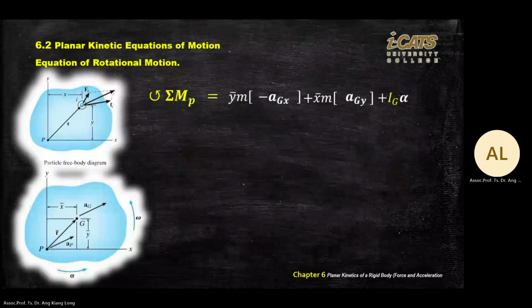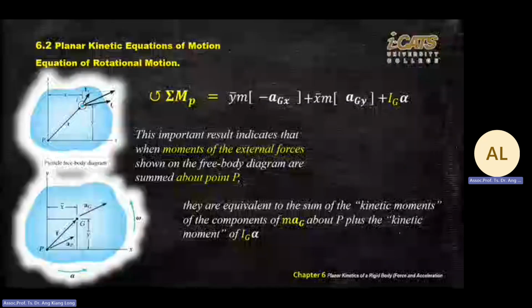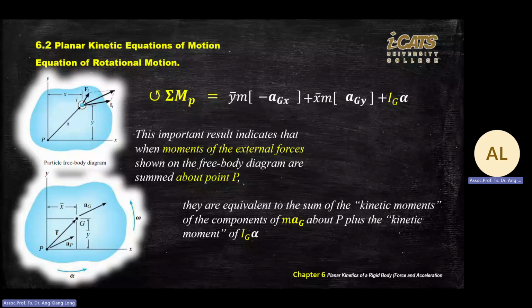It is your m multiplied by the acceleration in x direction and acceleration in y direction. So there are two equations for moment. One equation is this one, and there's one that we had previously. The rest you read for your info.